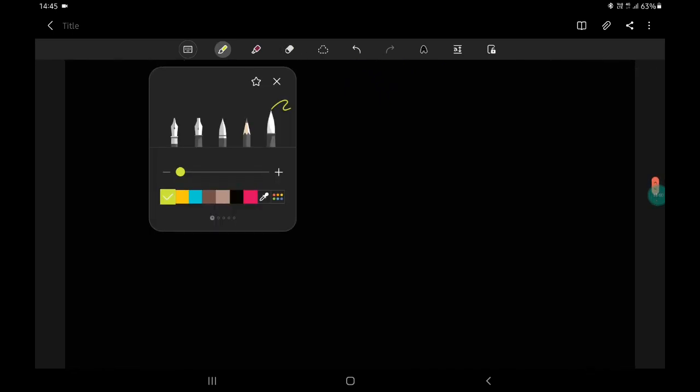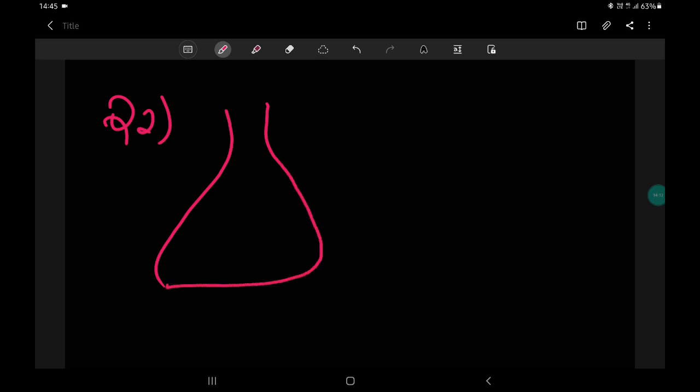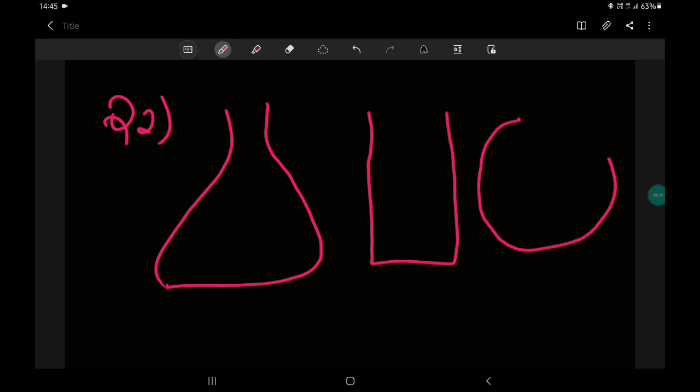Now, move on to the next topic, which is manometer. But first, one question, question number 2 of today's class. I have given you three vessels, and the same fluid is filled in all three.